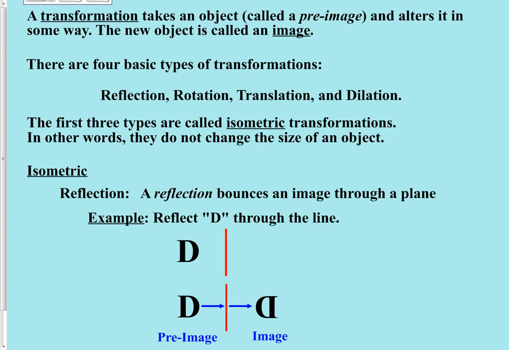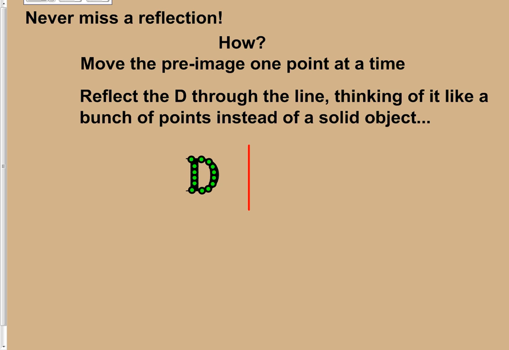Now, three of these transformations are referred to as isometric, meaning there is no change in the size of the object. Reflection would be one of the isometric transformations, and reflection, strictly speaking, bounces an image through a plane. We talked about doing reflections, and there is a little bit of a tendency towards people messing up reflections.